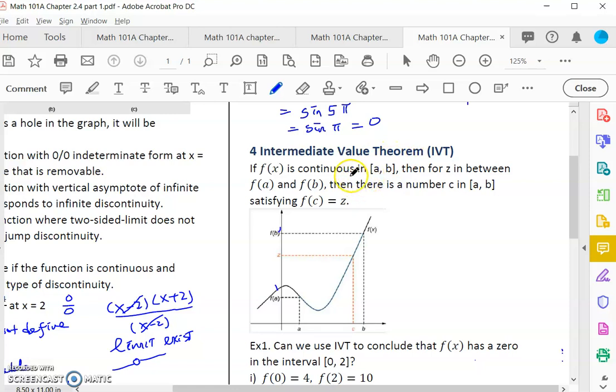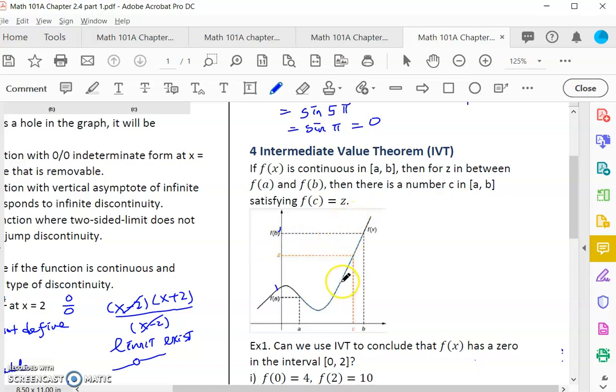We don't prove it here. If you're interested in the proof, you can go back to the book and look at it. This is just telling you the result of the theorem and what it is useful for. In a nutshell, it's useful for determining if there's a solution to a function.